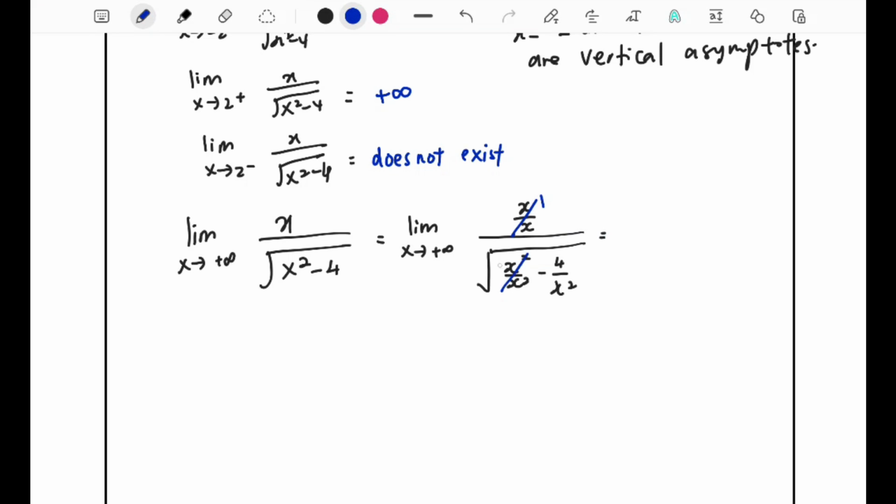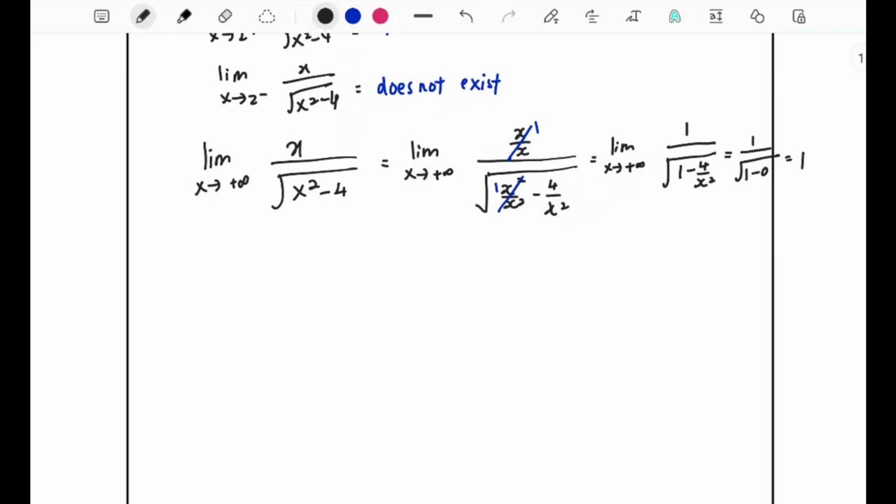Simplify, write down the simplest form, and then substitute to get 1 over, so 1 minus 0, which is 1.